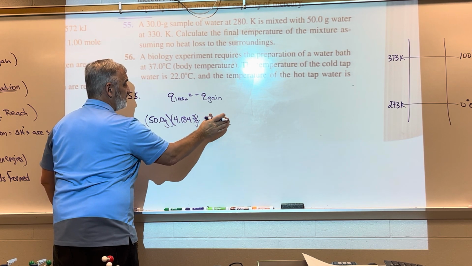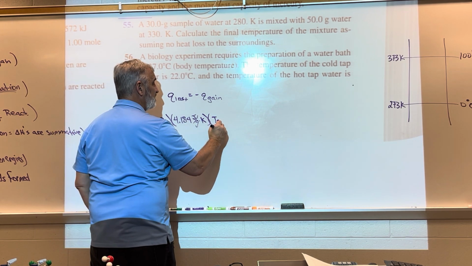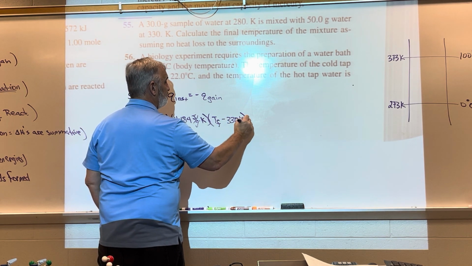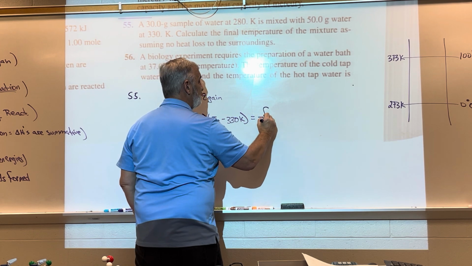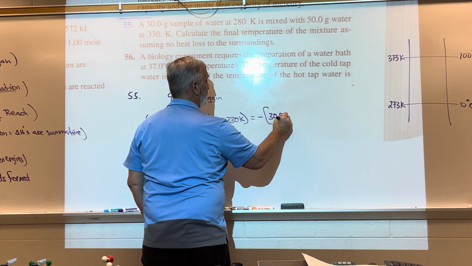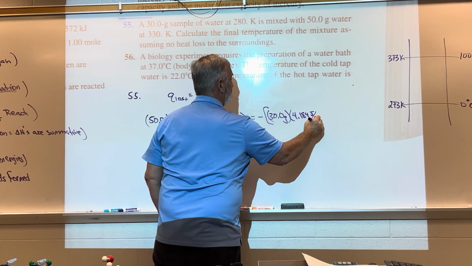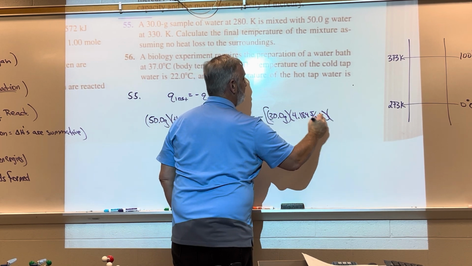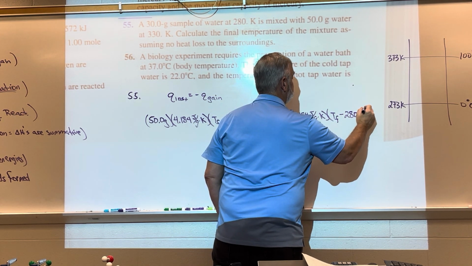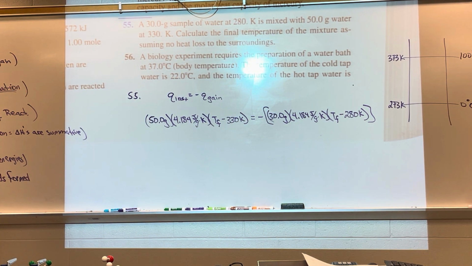Actually, we'll just say joules per gram K. Times the change in temperature, which is T final minus my initial temperature, 330 K, is equal to the negative of the gain, which is the mass of the 30 grams times 4.184 joules per gram K, times my T final minus 280 K. So your T final is going to be the same for both substances.